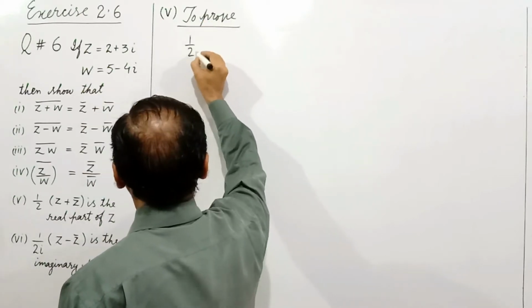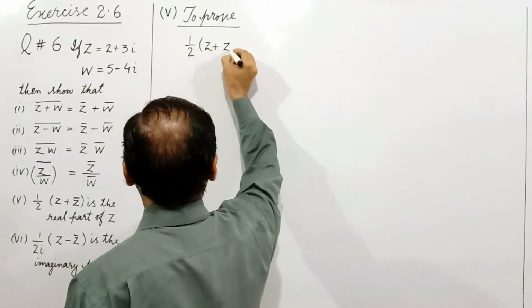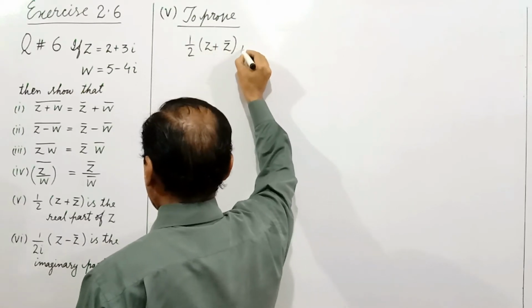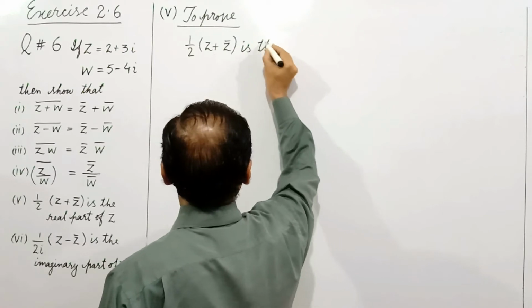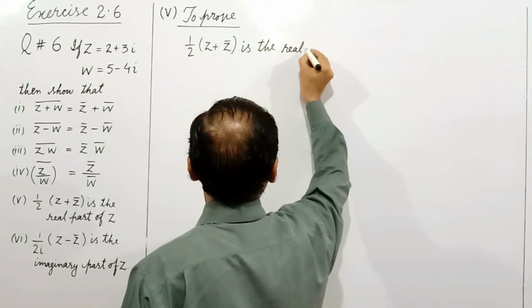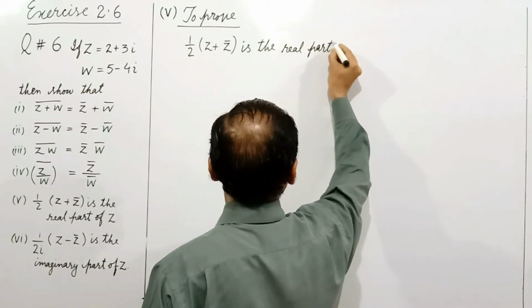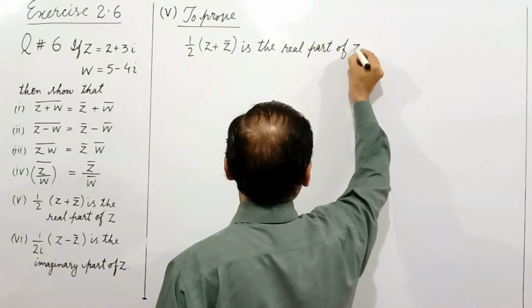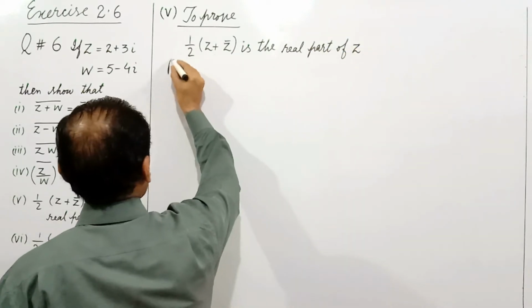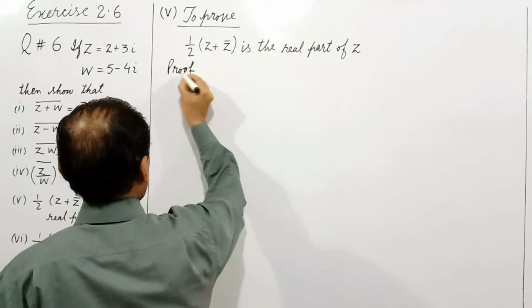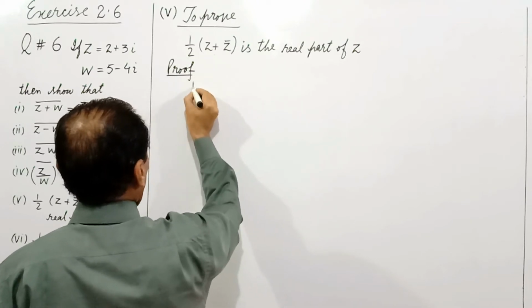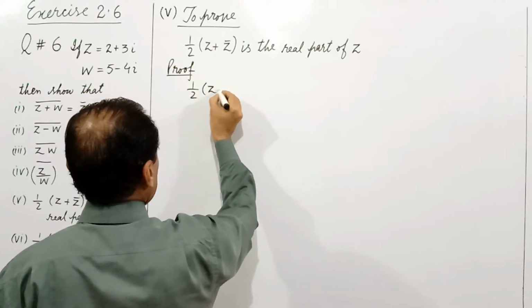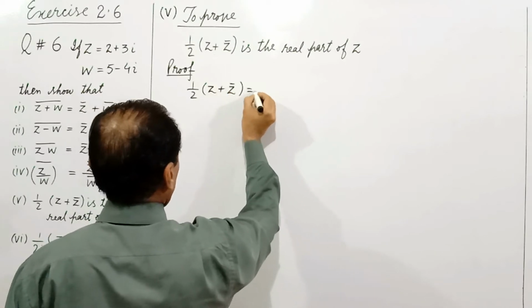One over 2 into Z plus Z bar is the real part of complex number Z. For proof, we have to find out the value of 1 over 2 into Z plus Z bar.